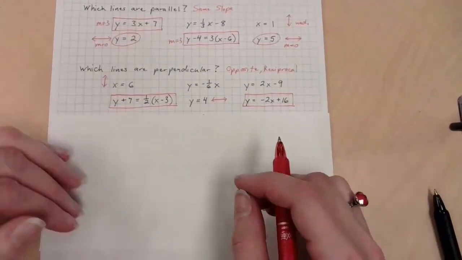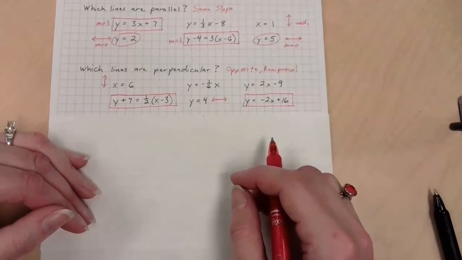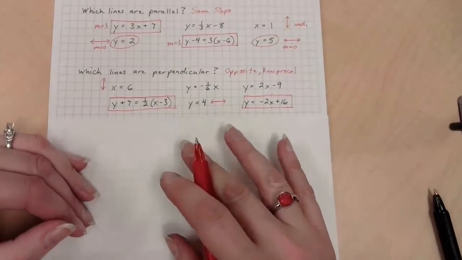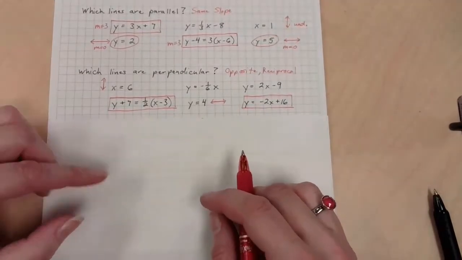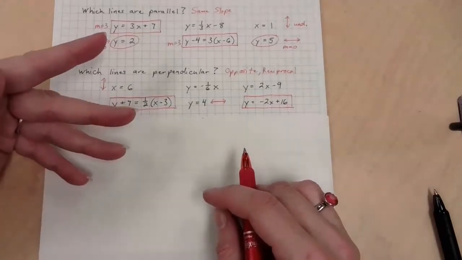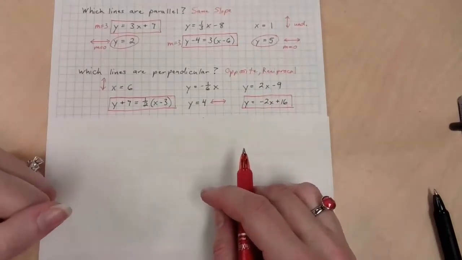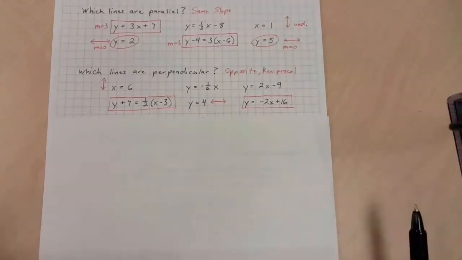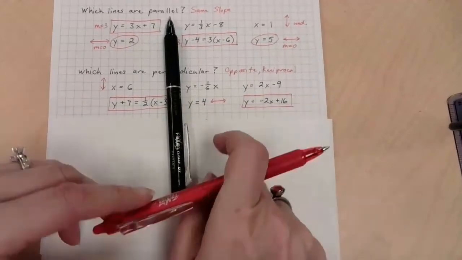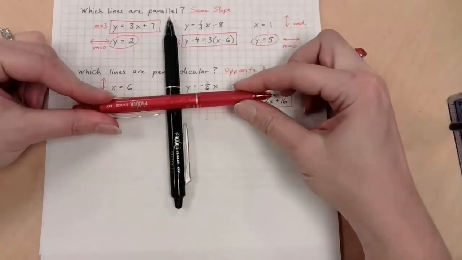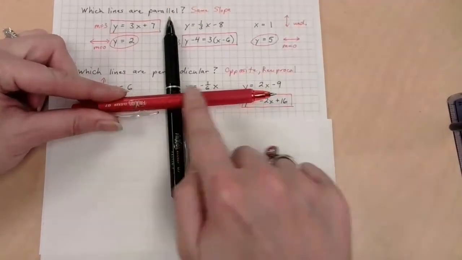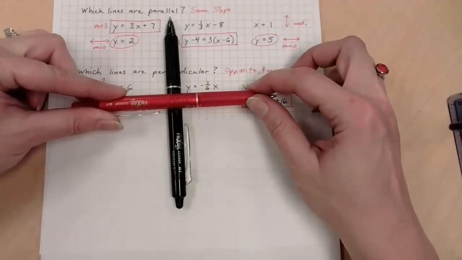Do we have another pair here that are possibly also perpendicular? Here's where life gets a little bit strange. I'm introducing strange things on purpose so that you have seen them before. That one doesn't even have a slope. So how do you take an opposite reciprocal of nothing? You really can't. But it's a good thing that you have a brain and can think, because if this line goes straight up and down, and this line goes left and right, guys, what happens when a vertical and a horizontal line cross each other?